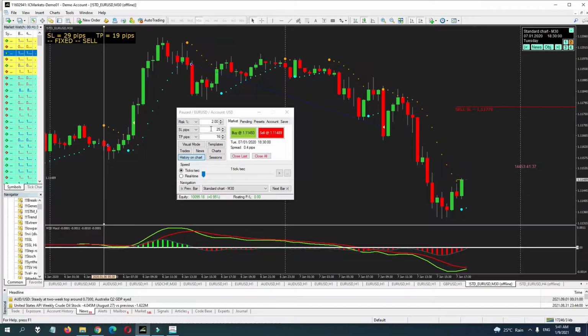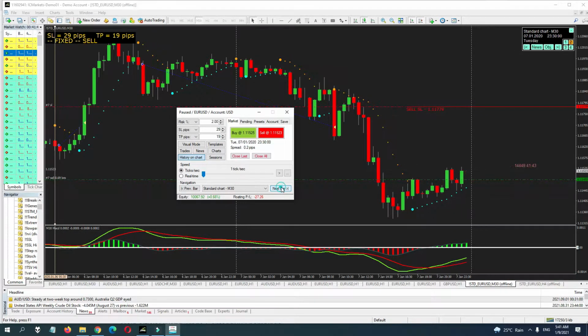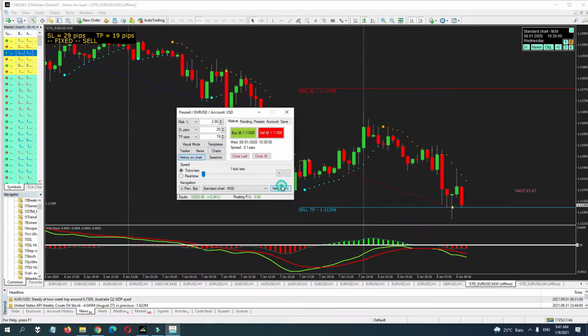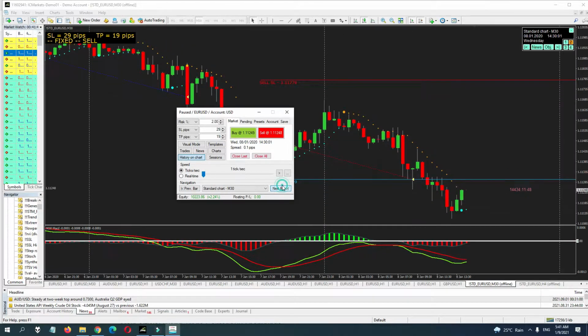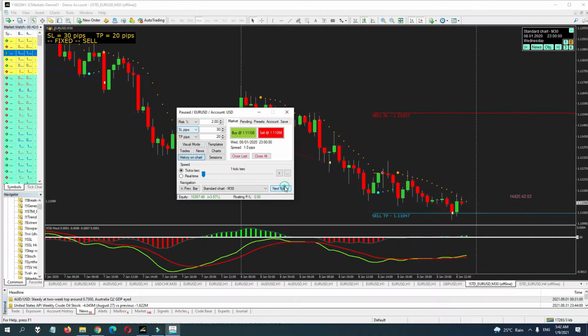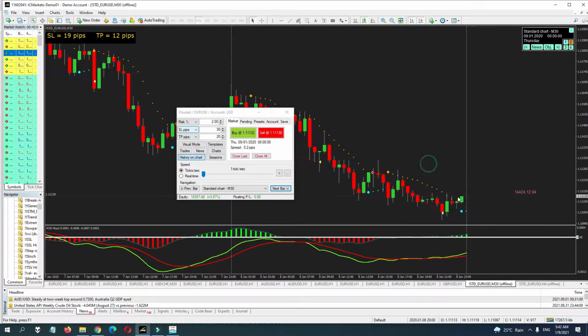This strategy is very good in a ranging market, but right now it's a trending market. Sell here. Sell again.